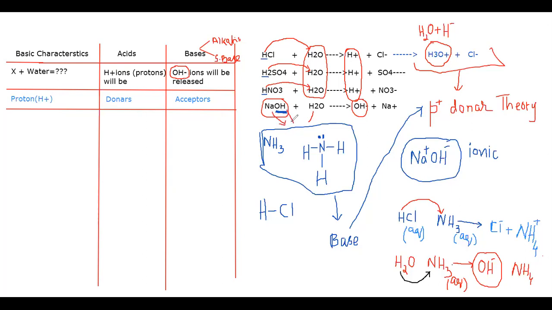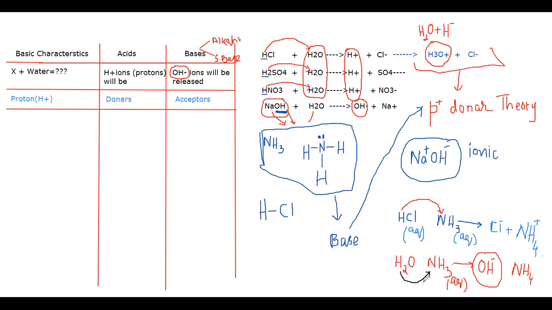Now what will happen? These hydroxides will be mixed together with the hydroxides of the water molecule. So now you got the point: without this concept, you cannot explain the concept of ammonia and water.